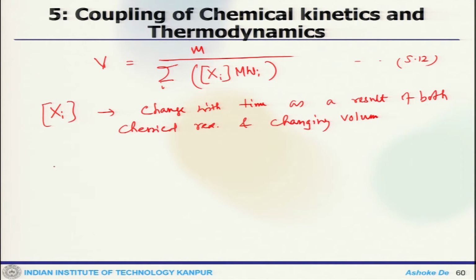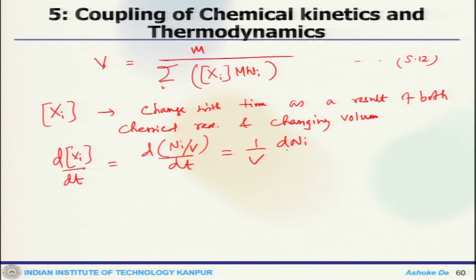So, one can write that d x I by dt is 1 by volume d n I by dt minus n I 1 by volume square dV by dt.